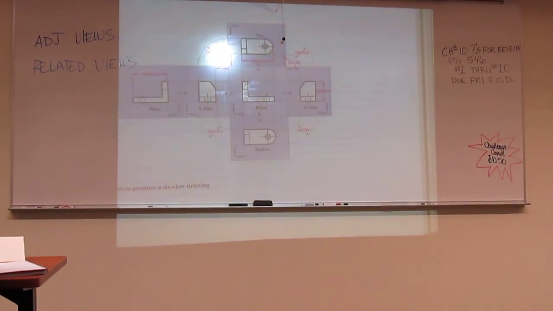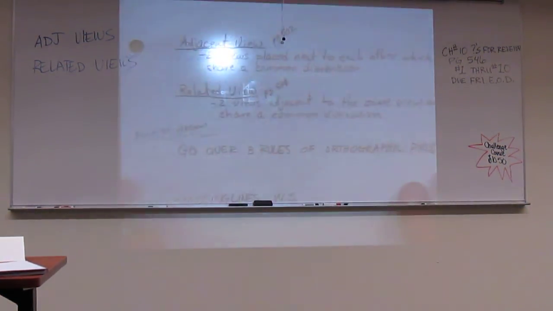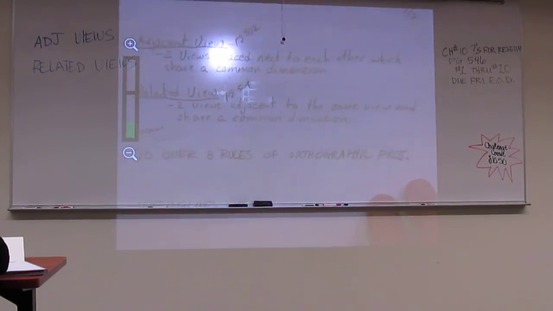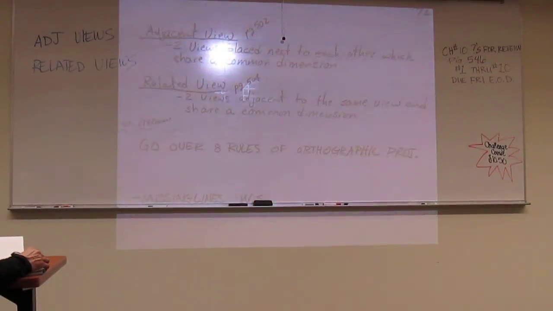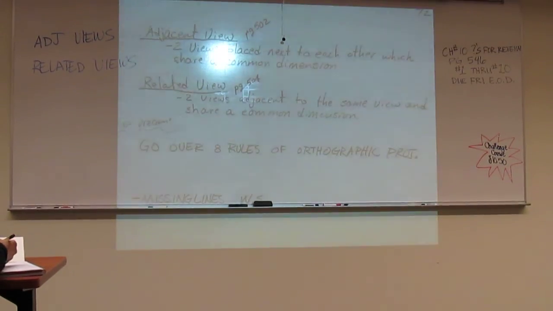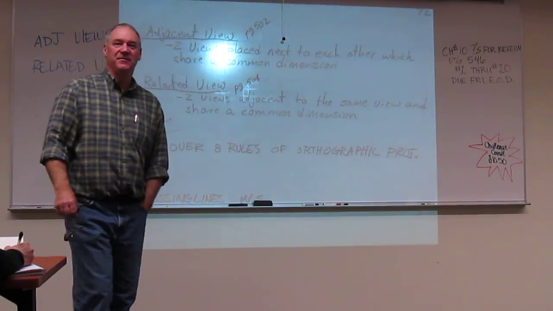Adjacent views, what's the definition of those? Two views placed next to each other which share a common dimension. These definitions, by the way, are going to lead into techniques for drawing.